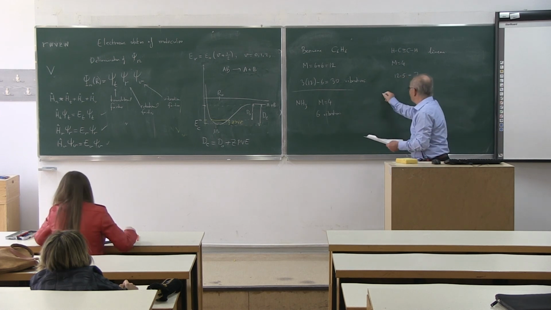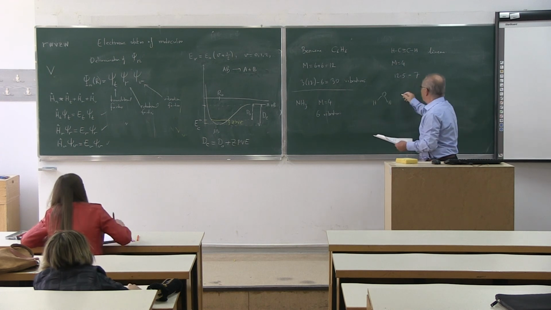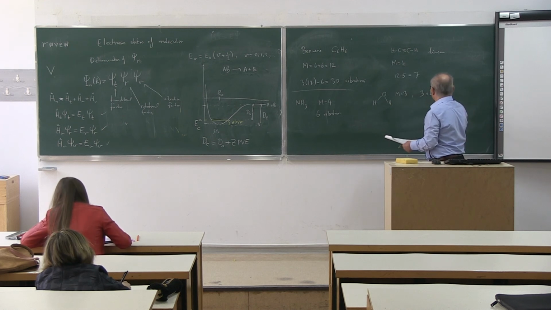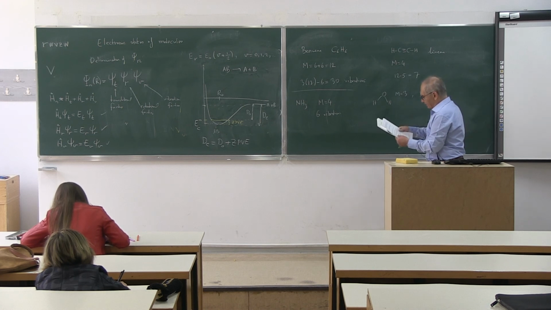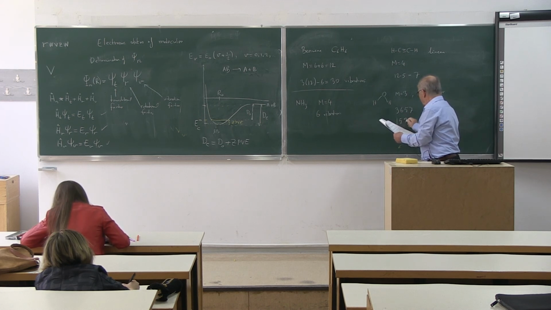One last example is water. In water, M is 3. There are 3 vibrations. And the vibrational frequencies in wave numbers are 3657, another one is 1595, and a third one is 3756.